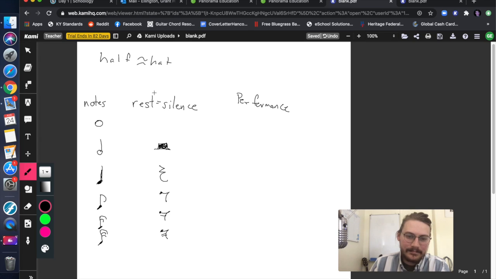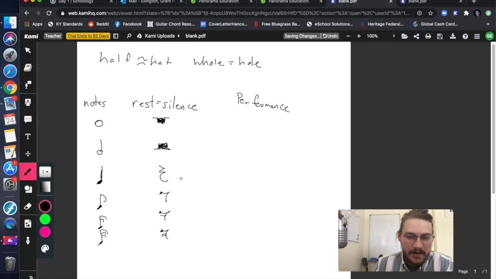And then you have a whole rest, which is an upside down hat, or as I like to look at it, a hole in the ground. So a whole note, whole equals hole. So a half rest looks like a hat. A whole rest looks like a hole in the ground.